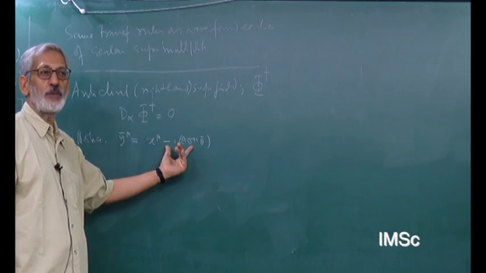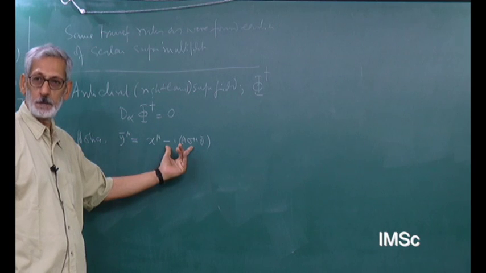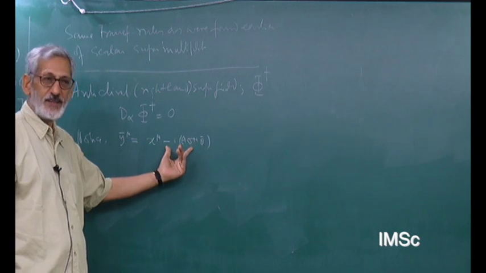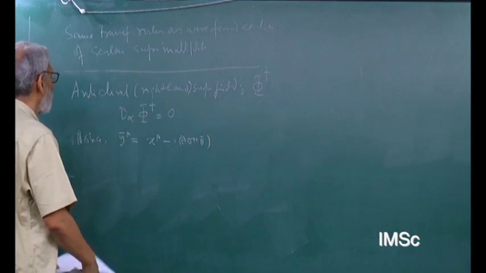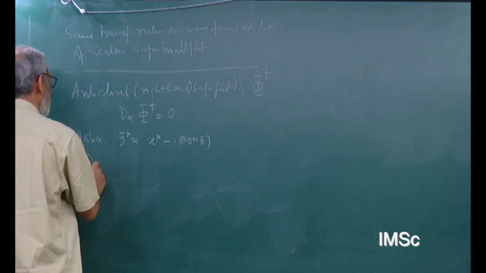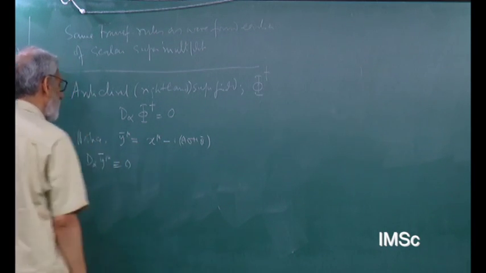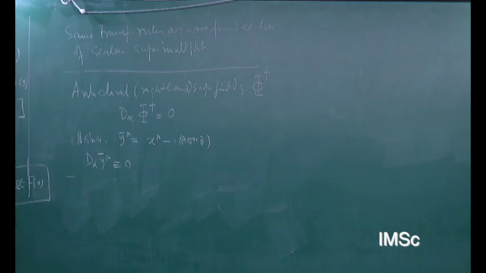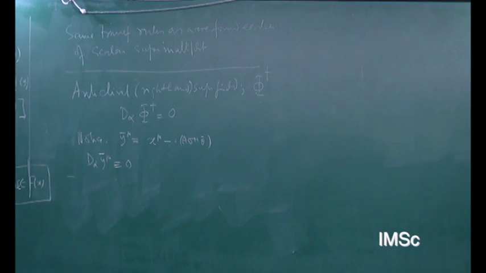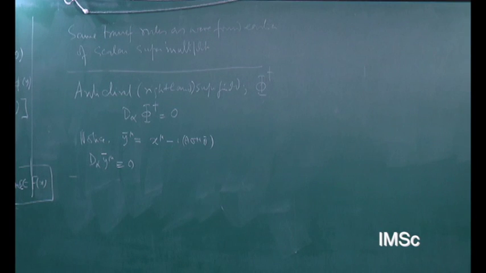It changes the sign of the imaginary part. Now this object has the property that d alpha on y mu bar is identically 0. Check it the way that we did it for y. D bar acting on y was 0.